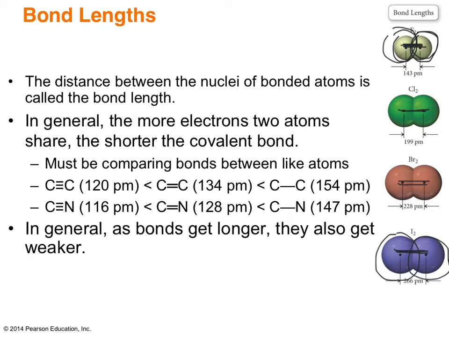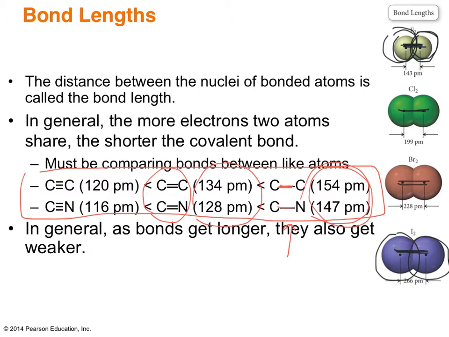Now, one final important consideration is the relationship between bond length and how many bonds are in between two atoms. So single bonds have a longer bond length than double bonds. So you see how the bond length decreased when we added a second bond between the atoms?